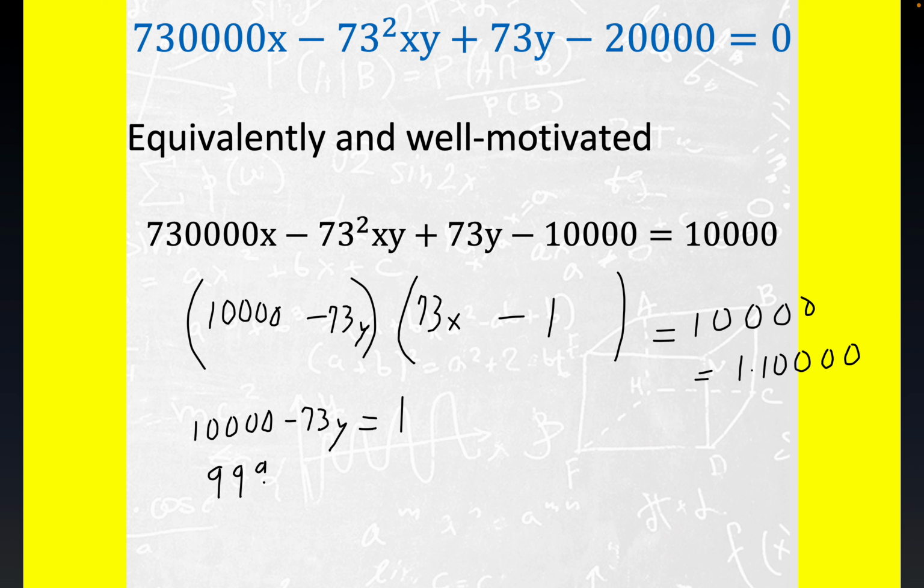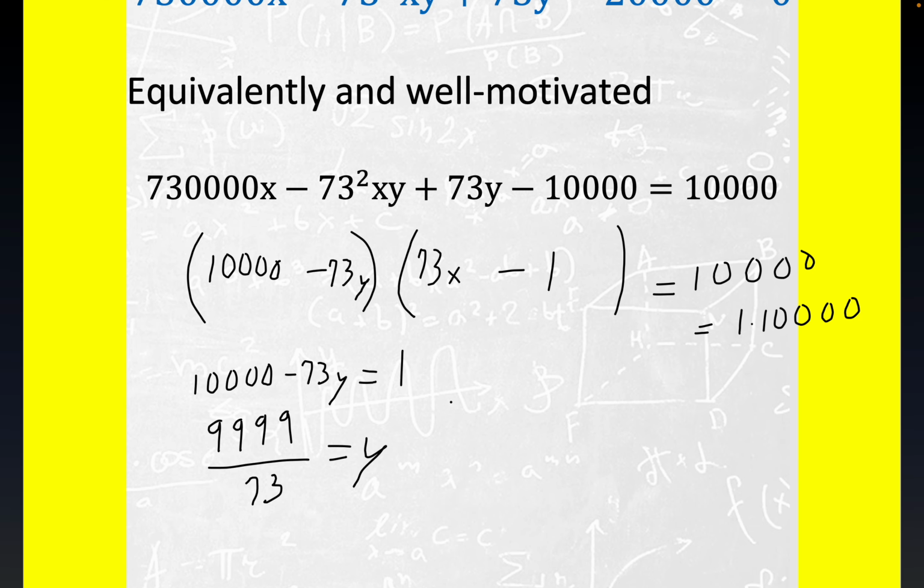Or 9,999. Subtract 1, bring this over, divide by 73, and you get this, equals y. Now, for the other one, we would have to set 73x minus 1, see, we set it equal to 1 over here, now we have to set it equal to 10,000, the other factor.